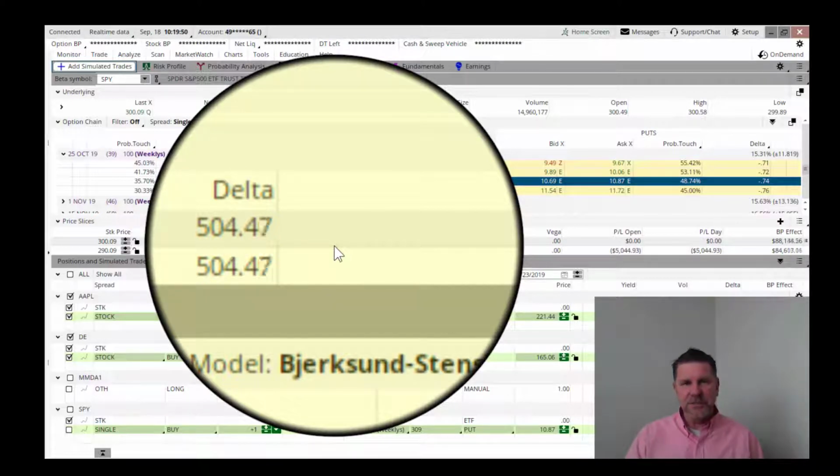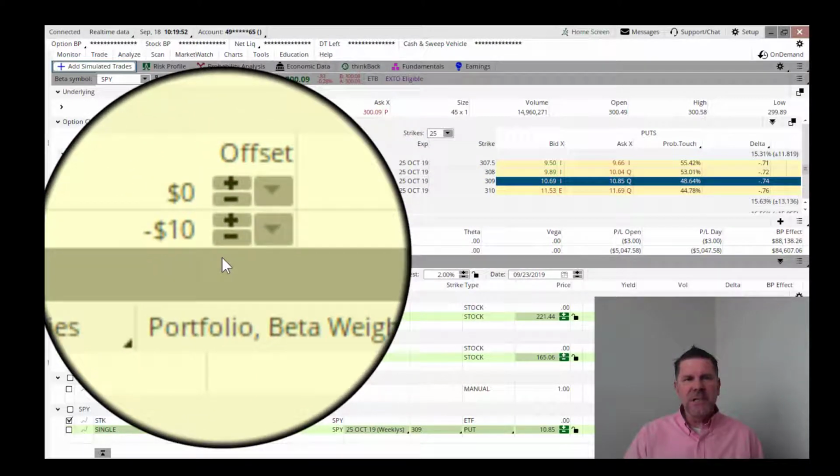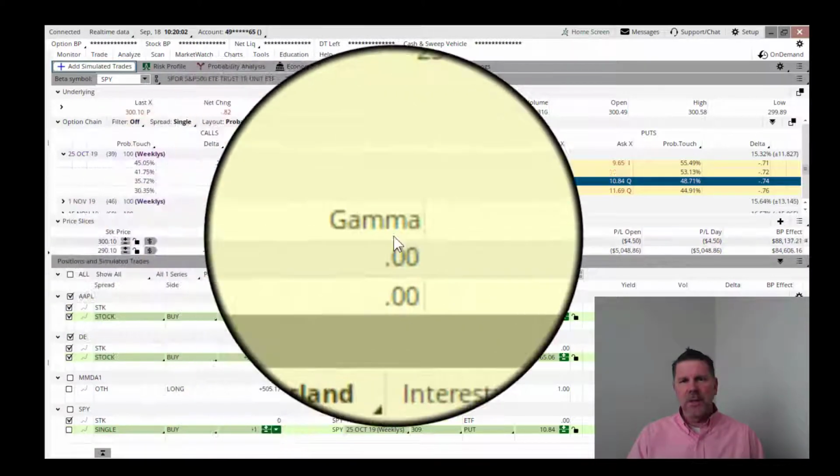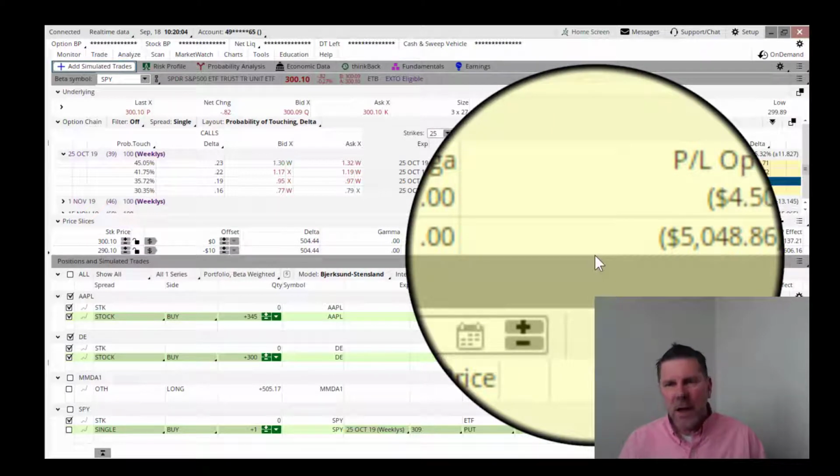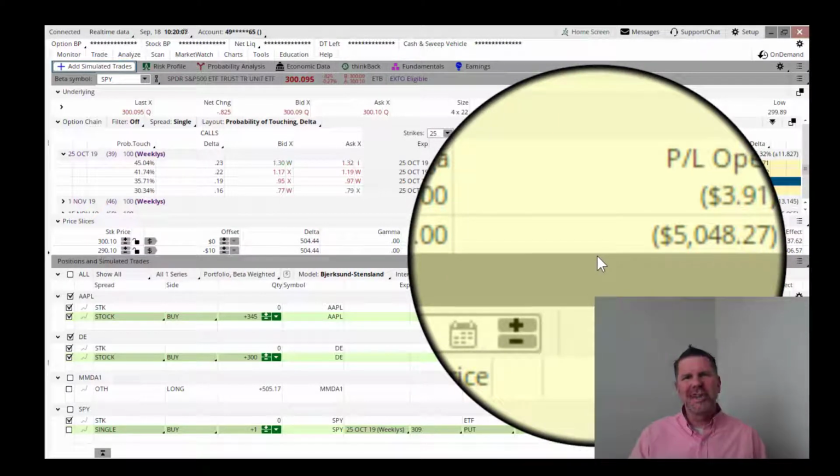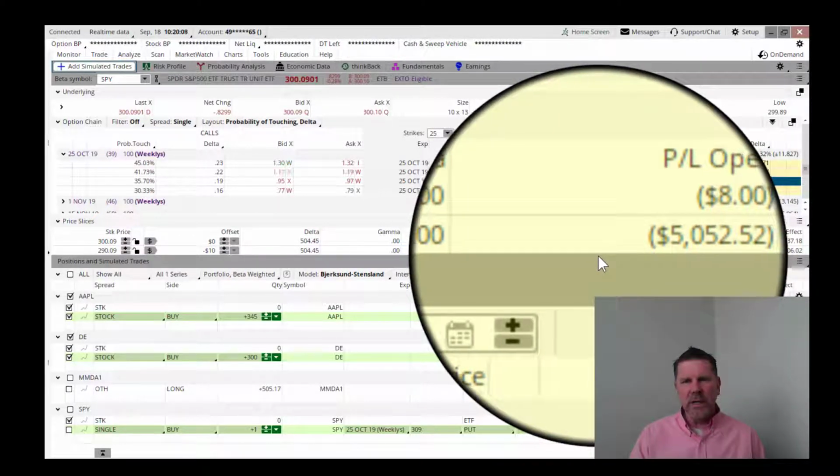Here's the simulation. I'm going to simulate that the market drops $10 in just a few days' time. What are the repercussions of that drop? Go over here to the right. Our portfolio just took a hit in less than a week from a $10 drop in the market.